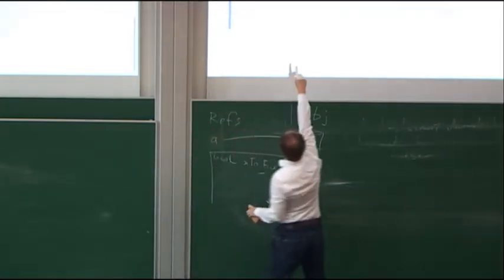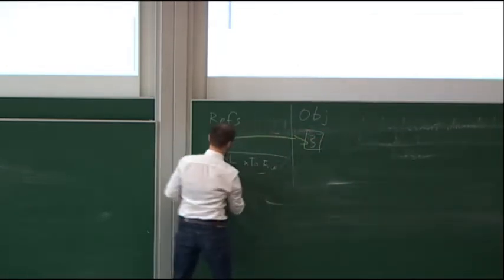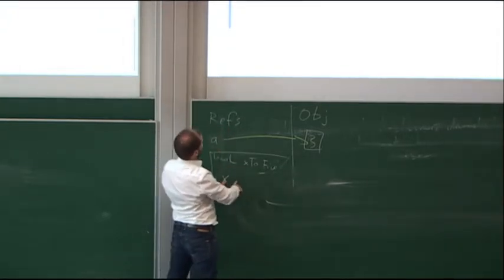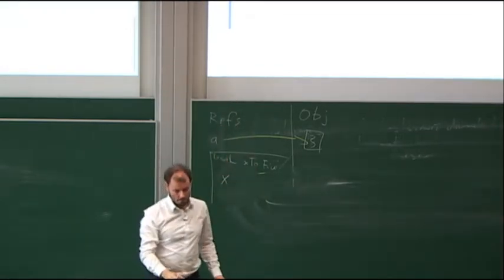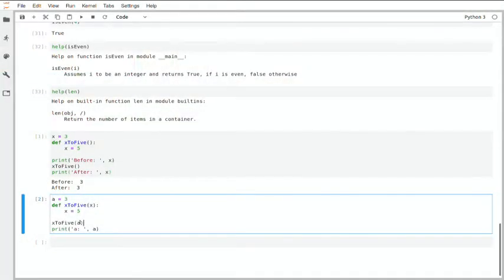And we see that x_to_5 takes a parameter x. So a new local variable x gets created, which then gets assigned the same object that a points to. Because at this position, we want to assign to this local variable x the same object that this global variable a points to.